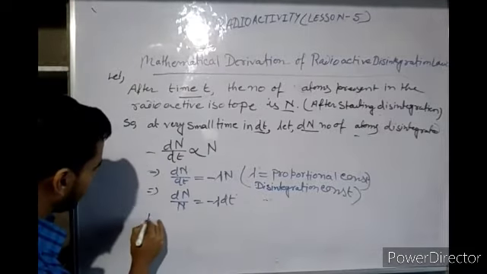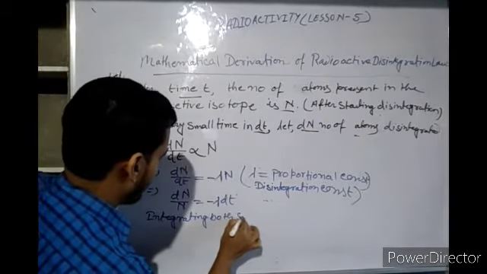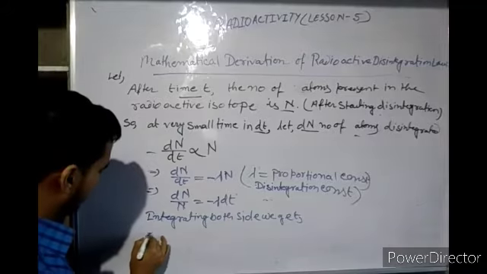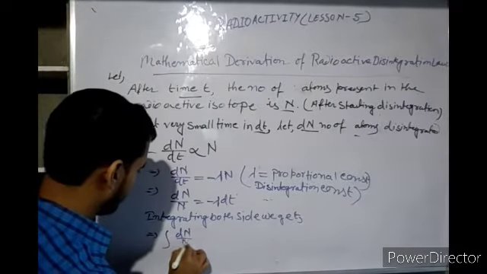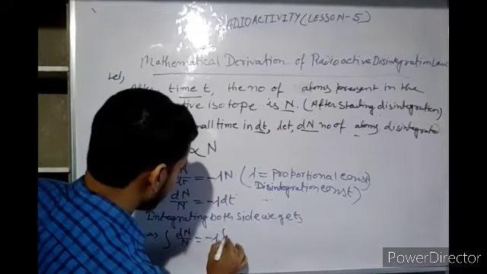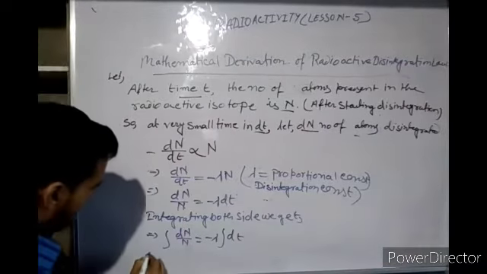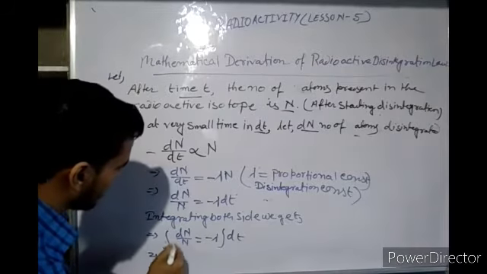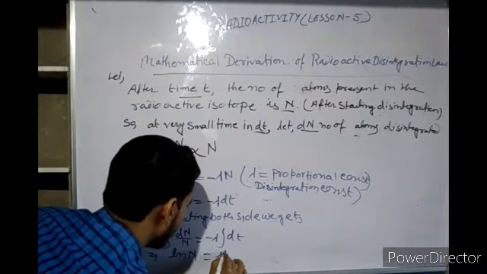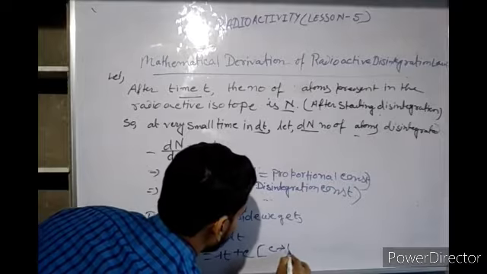If we integrate both sides, as lambda is constant, it is outside the integration of dt. The integration of dN by N is ln N, equals minus lambda times the integration of dt, which is t, plus C, where C is the integration constant.